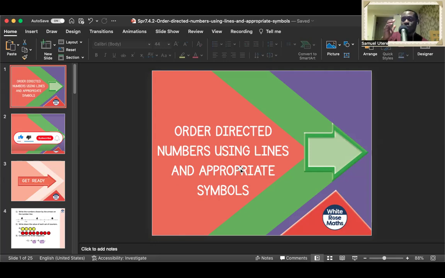Something you must not forget is that if you use a number line to position a number, and it is further down the left compared to another number, that number is actually less than the number you're comparing it with. But if it is further down the right compared to another number, it is actually greater than the number you're comparing it with.